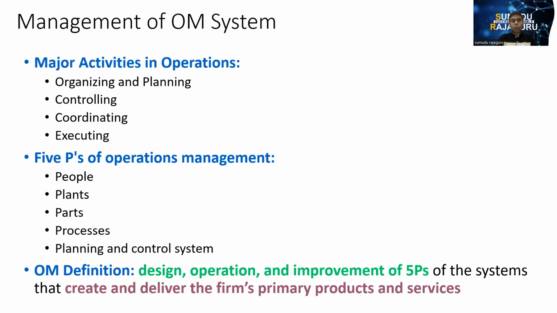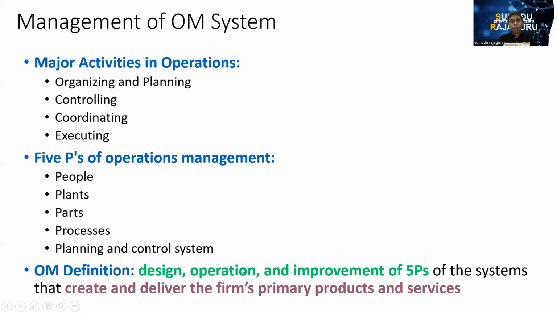Then when we talk about production and operation management, the major activities are organizing and planning, controlling, coordinating, and execution. Then there is a term called 5P. What is meant by the 5P? People, plants, parts, processes, planning and control system.